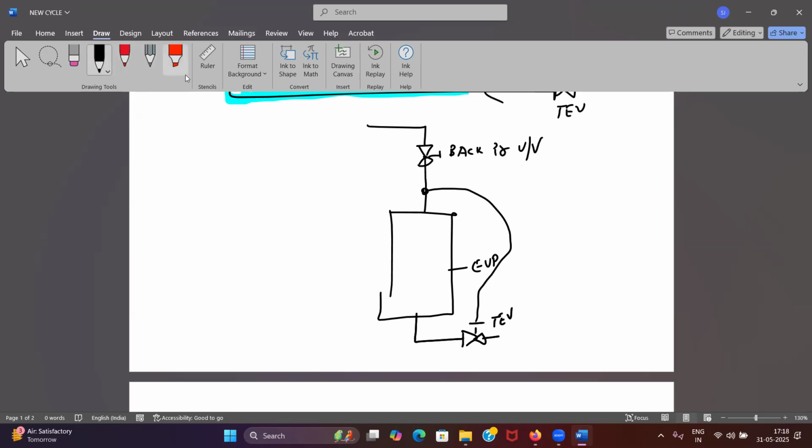So this back pressure valve, what it will do, it will create a back pressure onto the system. That means it will keep my evaporator in a higher pressure region. High pressure will be generated.